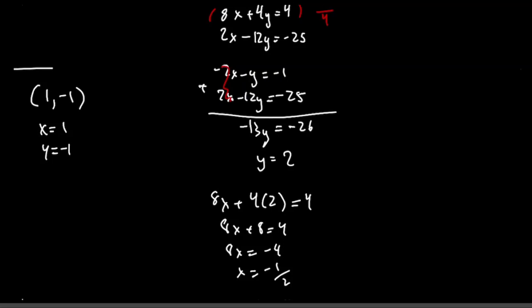Putting that into coordinate form, we get (negative 1 over 2, 2). Or putting it separately, x equals negative 1 over 2 and y equals 2. So this would be our answer using the elimination method.